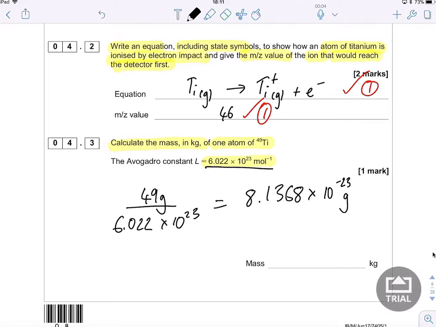That's in grams. The question's asked us to calculate this in kilograms, so I need to divide that by 1,000, and then I get 8.137. I'm just going to round it to 8.137 times 10 to the negative 26 kilograms.